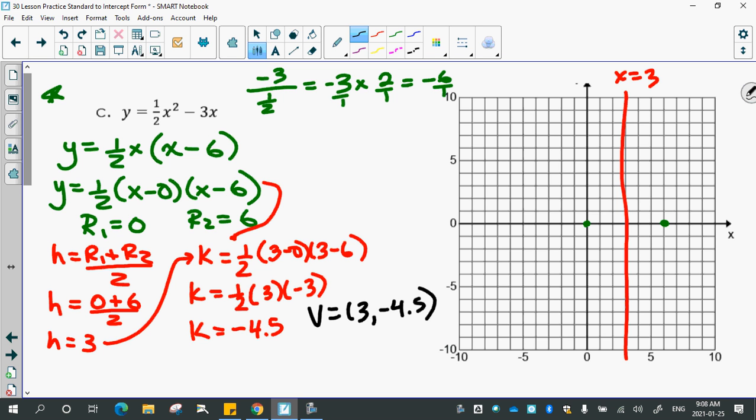So 1, 2, 3, negative 1, 2, 3, 4.5 is halfway there. And then we have to look for our step number, which is a half. So that means we're going to be going up a half, or 0.5, 1.5, 2.5, when a is a half.